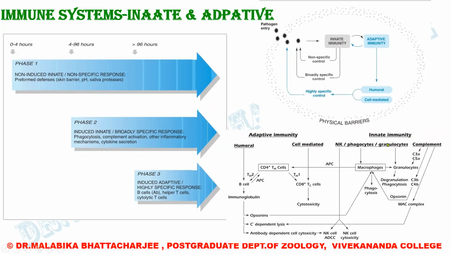If we look at the innate immunity, the main players are the natural killer cells, phagocytes, granulocytes, and the complement proteins. In fact, they pick up the pathogen at a very early stage. Now, the players of the humoral immunity are the B lymphocytes, and in the cell-mediated immunity, we have the T lymphocytes. It's very interesting to see that the CD4 helper cells play a pivotal role.